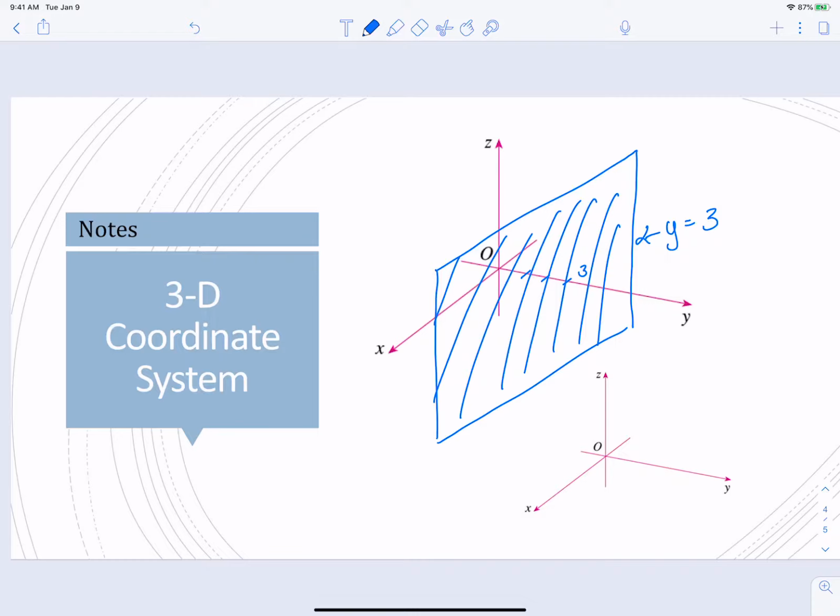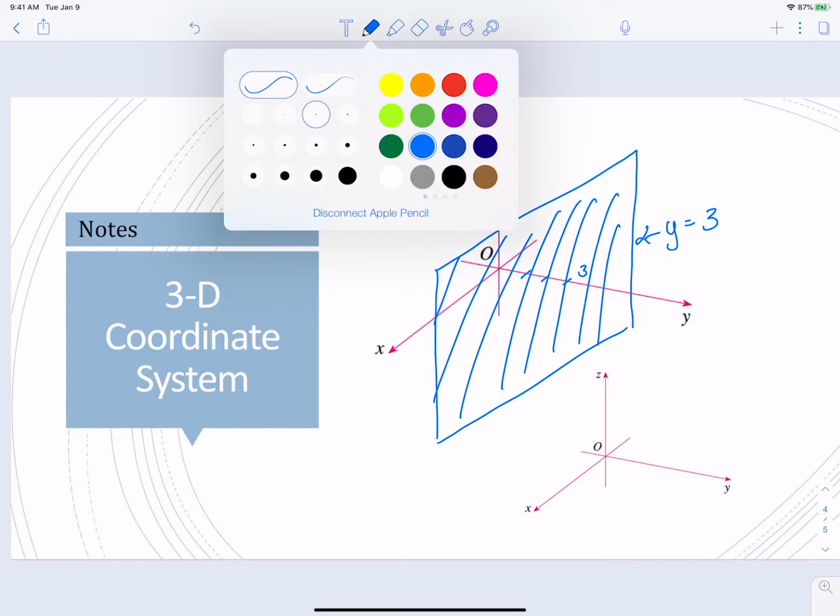So all of the points, all of the ordered triples that sit on this plane that we made here, any place that I pick, the y value is always going to be 3. So that's sort of a simple plane. Of course, we could have ones that are x equals, and that would be going the other way here.